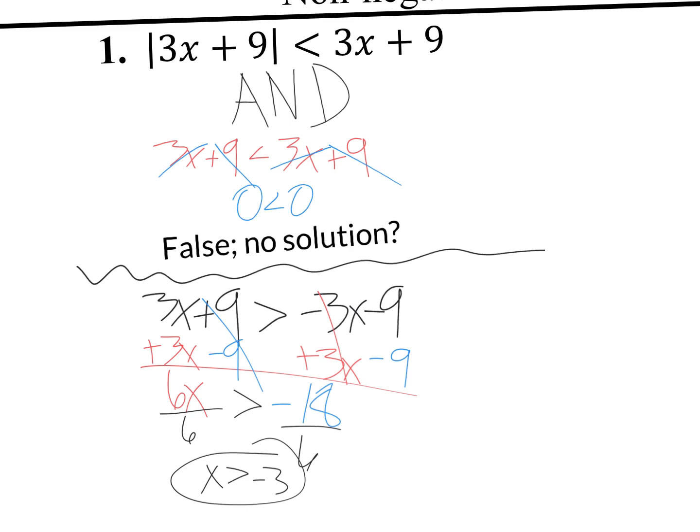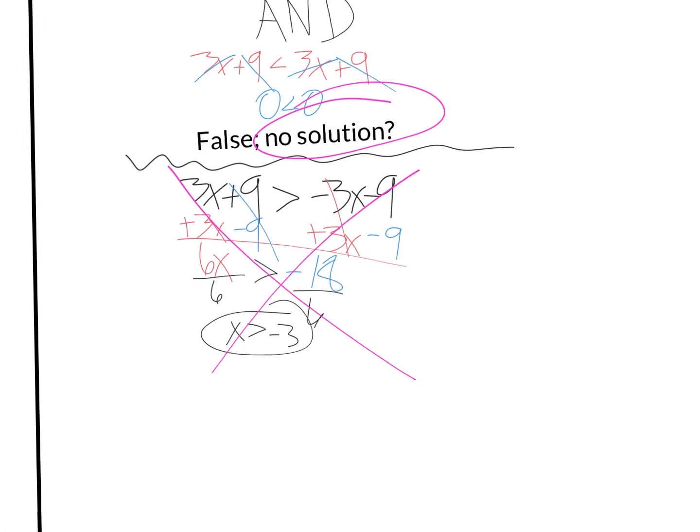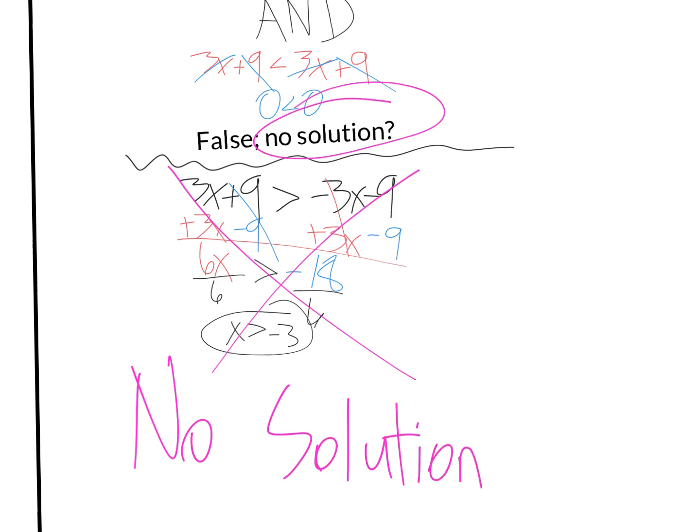So the no solution kind of wins out if you think of it like that. So the answer is, in fact, no solution. And it's pretty much only ever going to be no solution when it is an and problem. Now, if this was an or problem, the answer would not be no solution because you have the option of being no solution or something else.